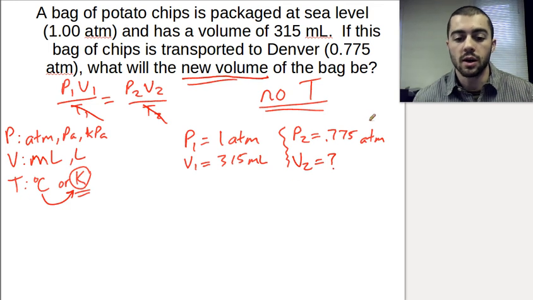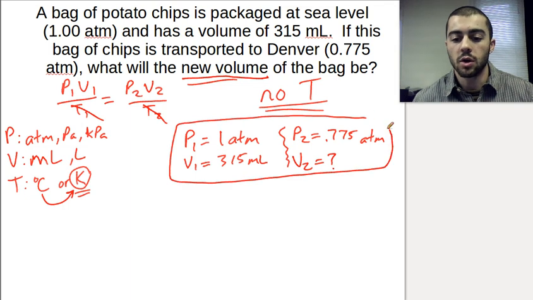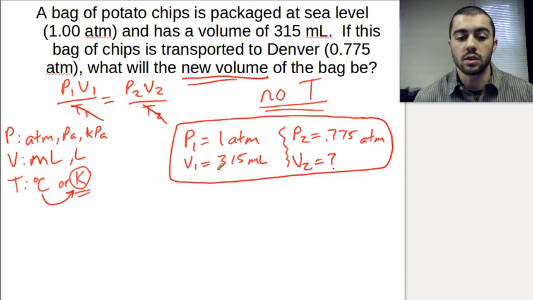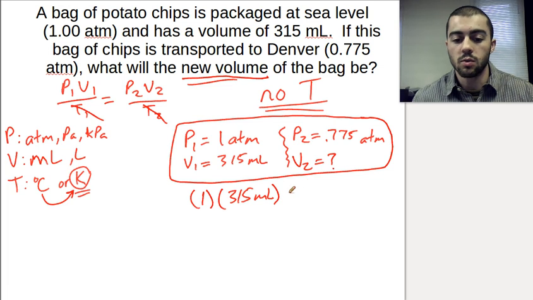Now we have all the information. We've picked it all out of the problem and put it in terms of these variables, so all we have to do now is plug this into our formula, which once we dropped out temperature was P1 V1 equals P2 V2. So we have 1 atmosphere, P1, times 315 milliliters, our V1, equals 0.775 atmospheres times our V2, which is our unknown.